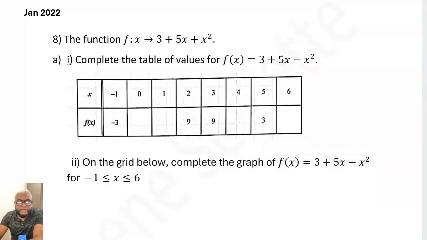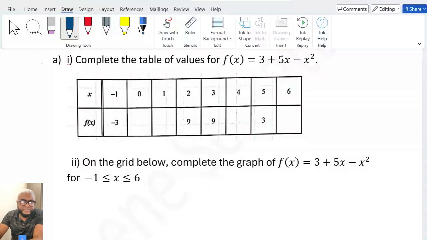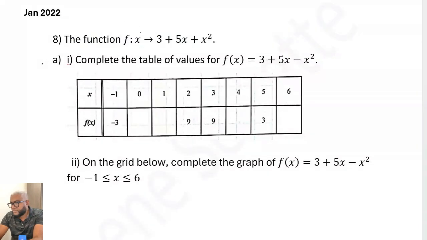So the function f of x, the function f such that x maps onto 3 plus 5x minus x squared. All right? Okay? Is this a quadratic?